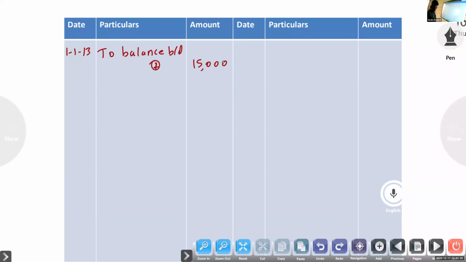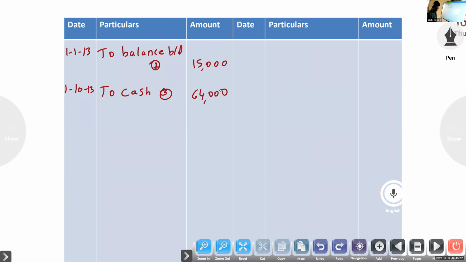Then 1st October 2013, 1/10/2013, we purchased another machinery, to cash, machinery 3, 64,000.